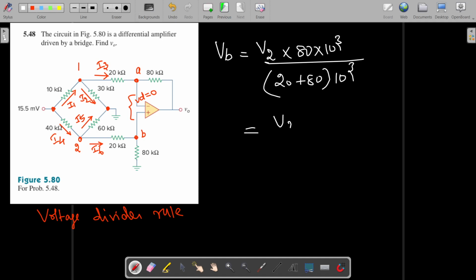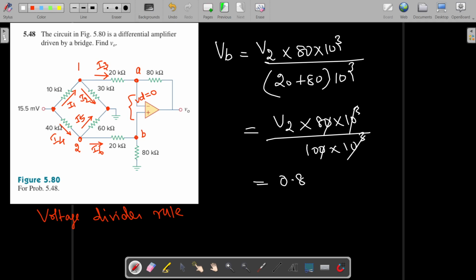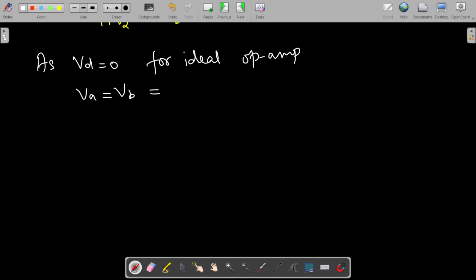So this is V2 × 80 × 10^3 divided by 100 × 10^3. The 10^3 gets cancelled, so it is 0.8 V2. So Vb is equal to 0.8 V2. We know that Vb is equal to Va, so Va can also be written as 0.8 V2, and this is your third equation.